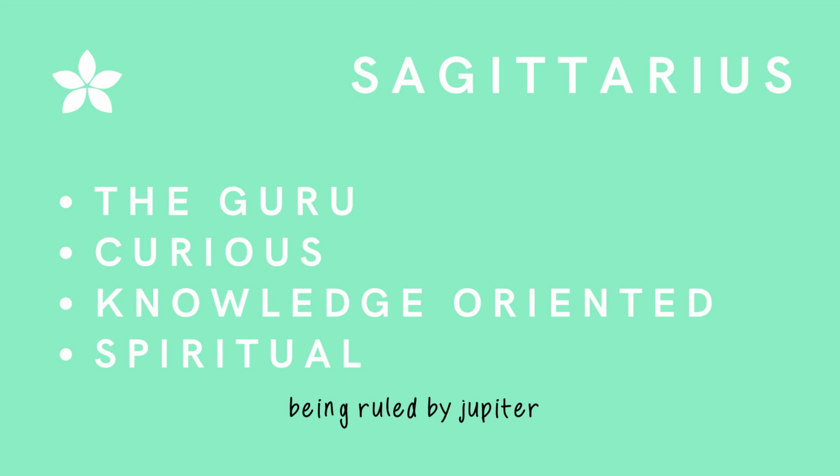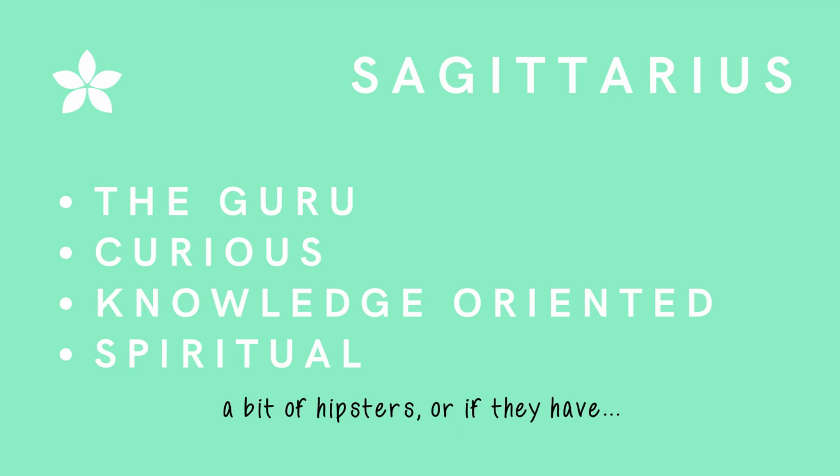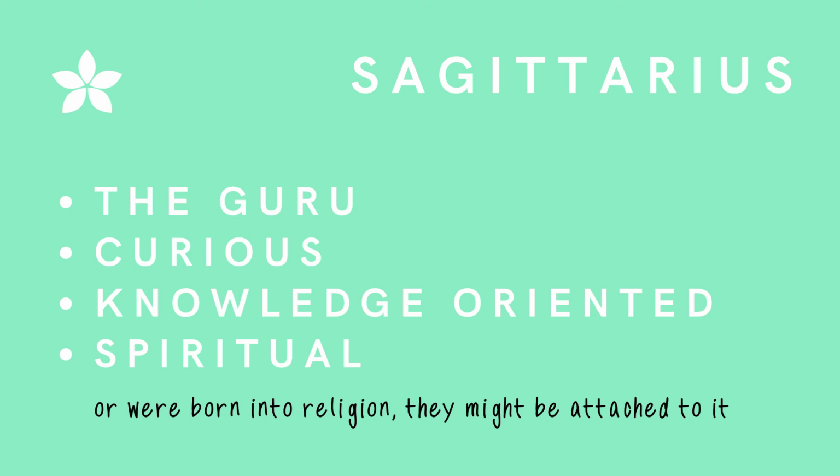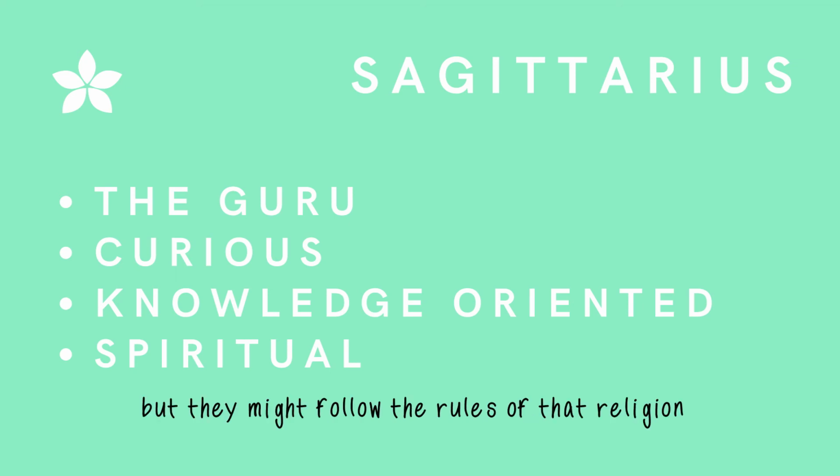Also being ruled by Jupiter, Sagittarius are spiritual people, because Jupiter also rules beliefs and religion, so they might be a bit of hipsters, or if they were born into religion, they might be attached to it. Not in a fixed way, but they might follow the rules of that religion.